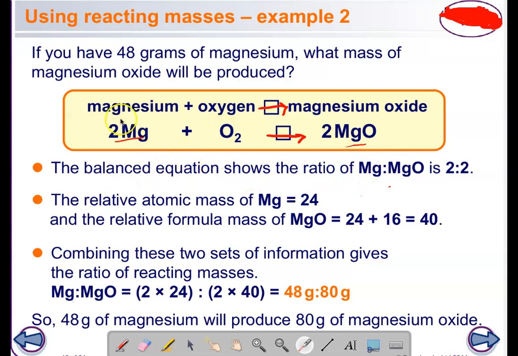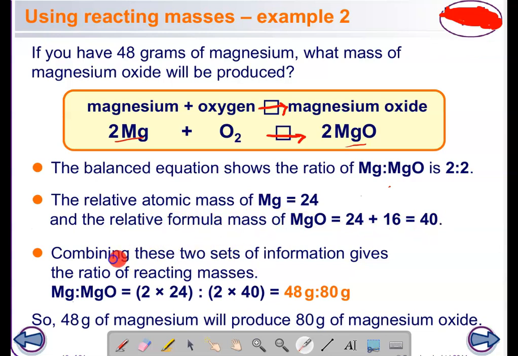The ratio of magnesium to magnesium oxide is 2:2. Now, the next step is the relative atomic mass of magnesium, which is 24, and the relative formula mass of magnesium oxide, which is 40.